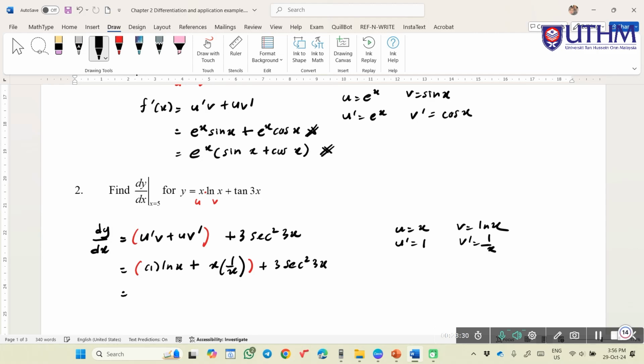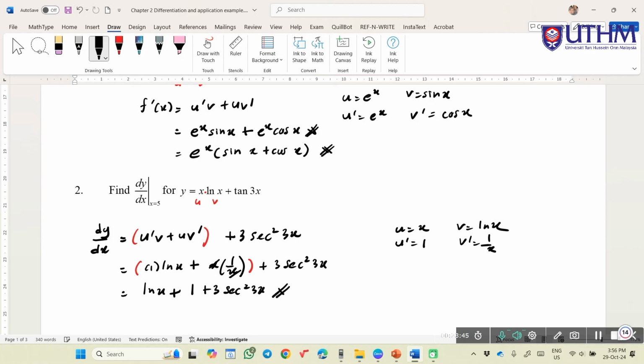Simplify, because this is just a simple function. So the first term is ln x, plus we can eliminate x. So this one is 1 plus 3 secant squared 3x.